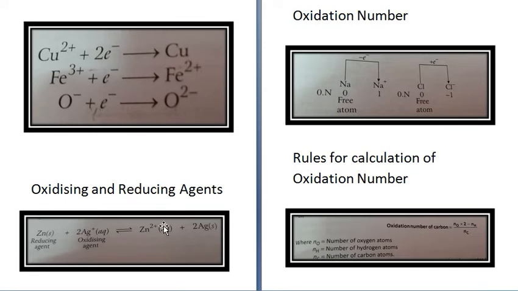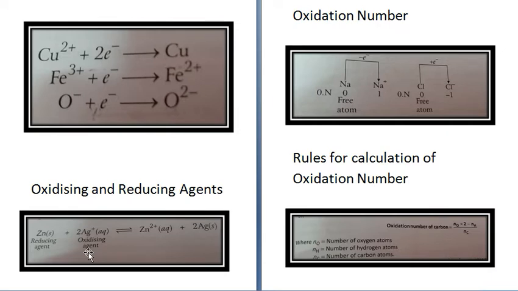Next we come to oxidizing and reducing agents. Substance which accepts electron is called as oxidizing agent. And the substance which gives or supplies electron is called as reducing agent. Alright, so reducing agent is itself oxidized.